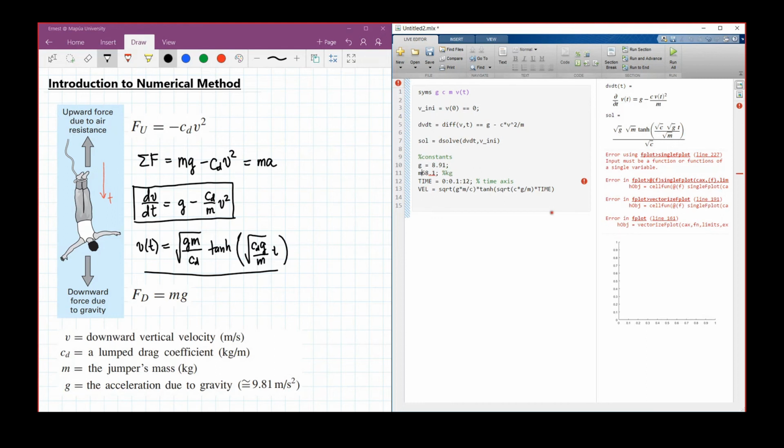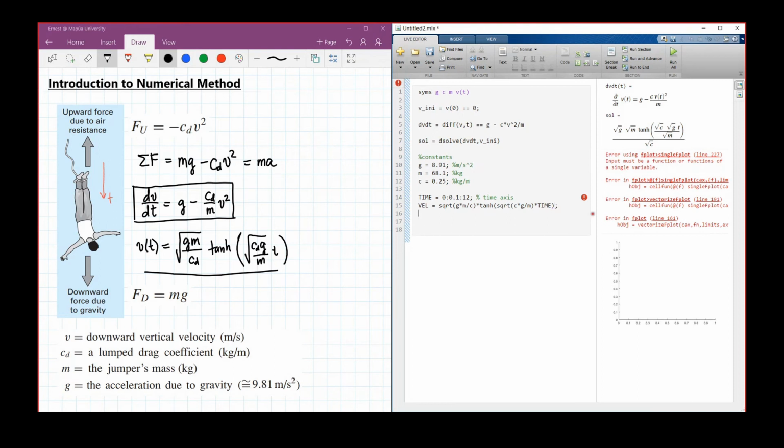And then c, or cd, is equal to 0.25. You'll notice that the constant has a unit of kilogram per meter. This is meter per second squared.